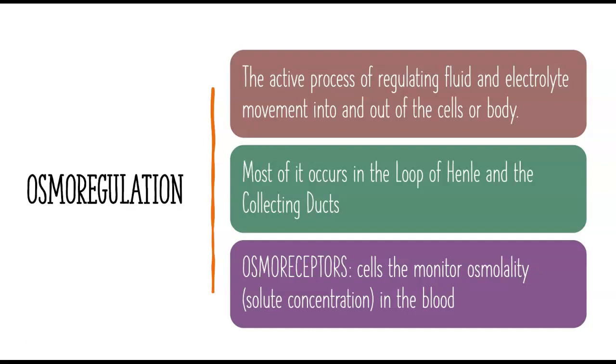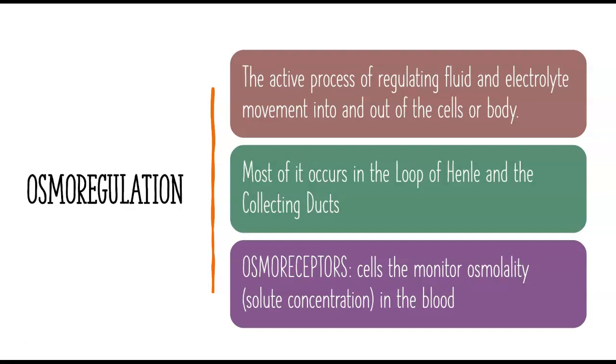This process of regulating water, and thus electrolyte movement into and out of the cells or the body, is called osmoregulation. Remember, water moves in conjunction, at the same time, that solutes move, like sodium, chloride, potassium. So when those electrolytes are moving across membranes, water is also moving.